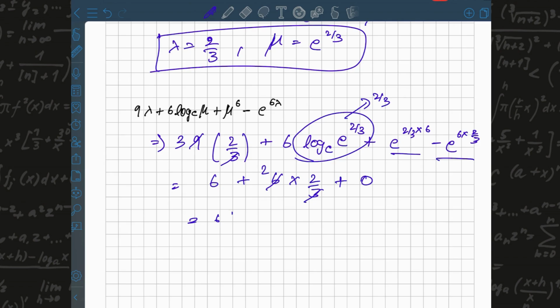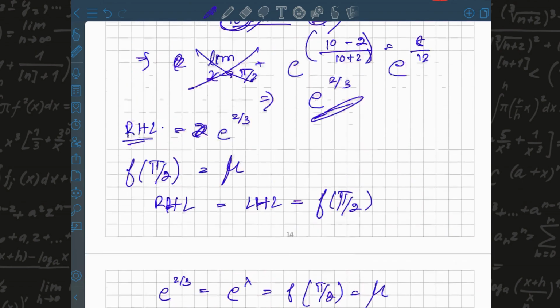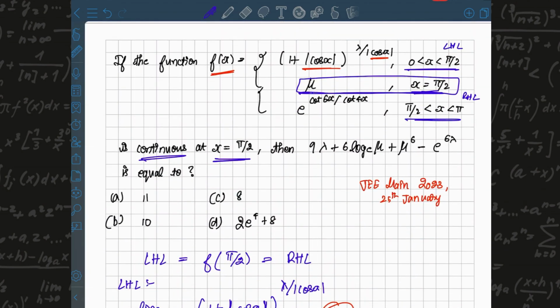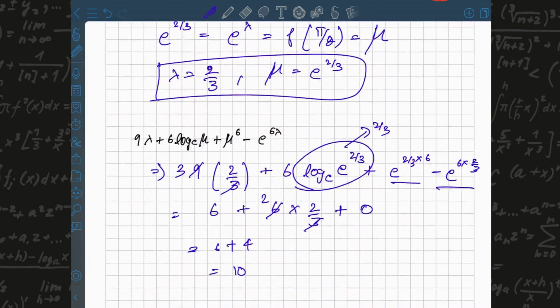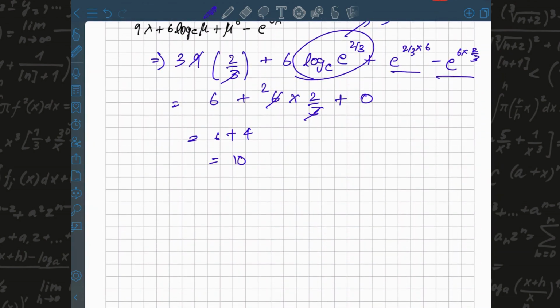So 6 plus 4 is equal to 10. So our answer is 10, which is option B. And with these two questions, we are done with the two most important JEE Mains previous year questions for continuity.